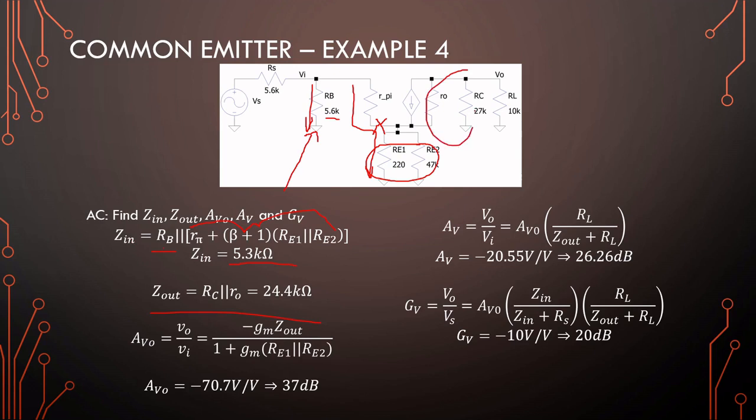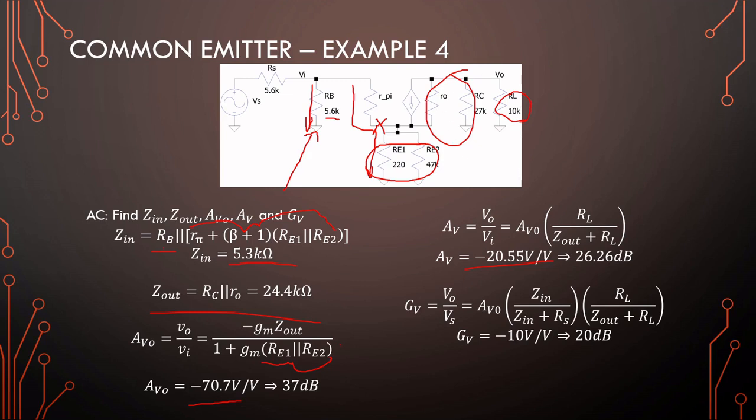Output impedance, still just these two in parallel. The gain in this one, instead of just using RE, we need to use the parallel combination of the two. And that will give us a gain of minus 70.7 volts per volt. In this problem, our load is much lower than our output impedance, so there is a significant decrease in our loaded gain.